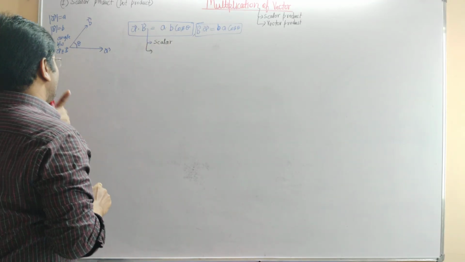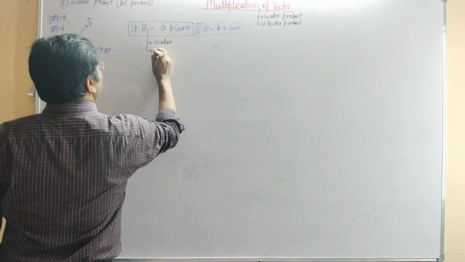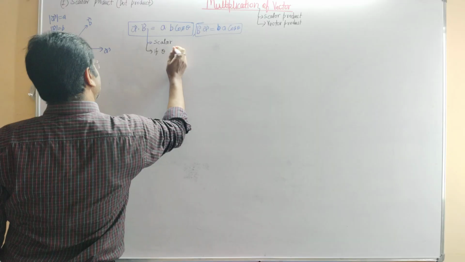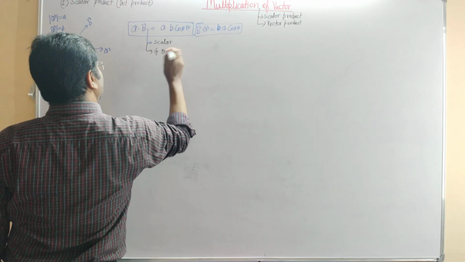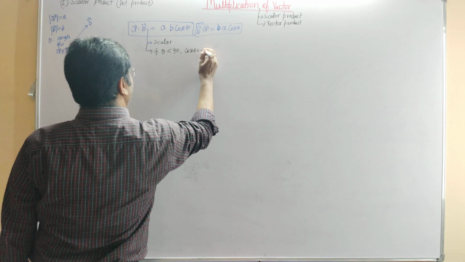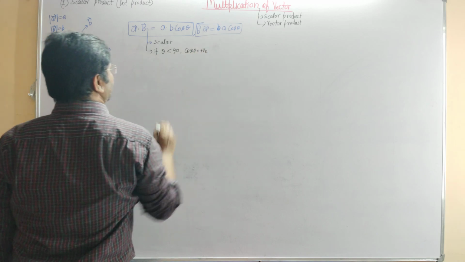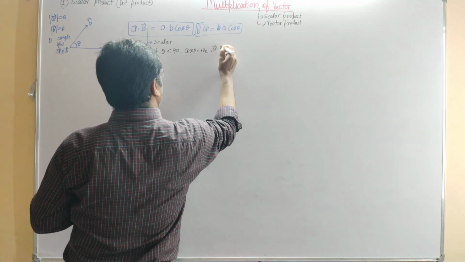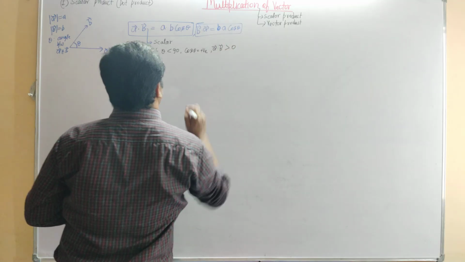If theta is less than 90, the value of cos theta will be positive, so A dot B will also be positive, greater than 0.